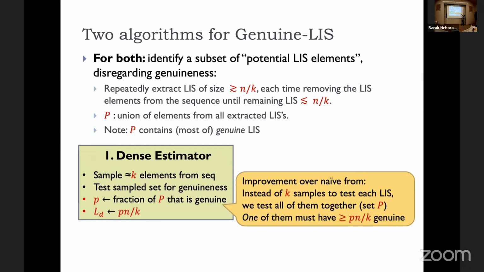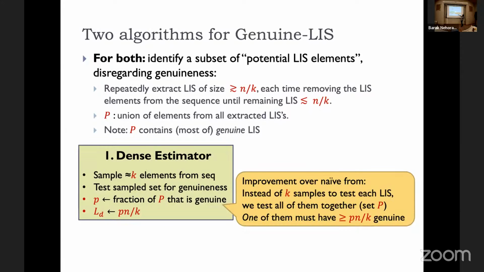And if the average of them has a fraction p, this means that one of them must have a p fraction of genuineness. So it is some form of group testing, where to test the fraction of goodness in a bunch of sets, we just put them all together and test all together for the fraction of goodness.